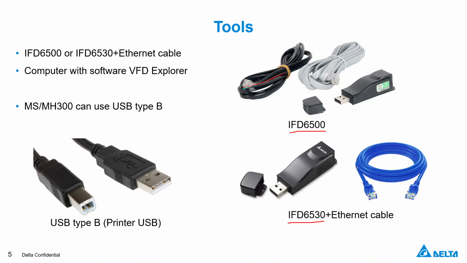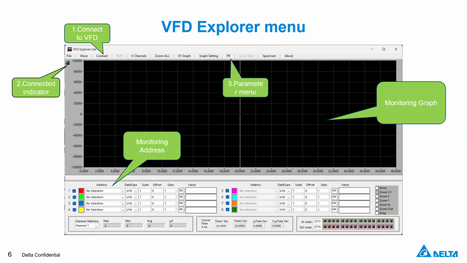You can use our Delta one or another brand if it can convert RS485 to USB. So you can use this 6530 plus an Ethernet cable and the computer. For the MS300, you can use a USB Type B, or what we call printer USB. Okay. So next, let's open the program.